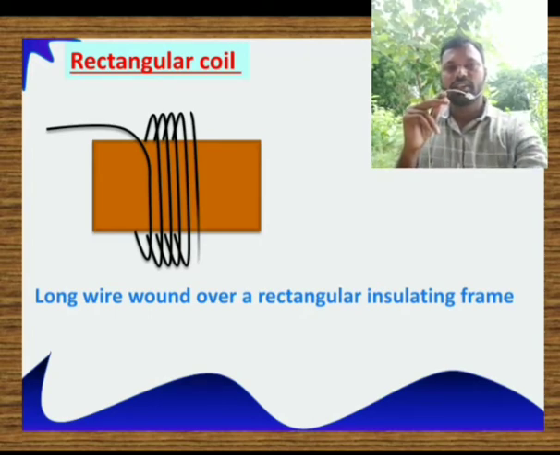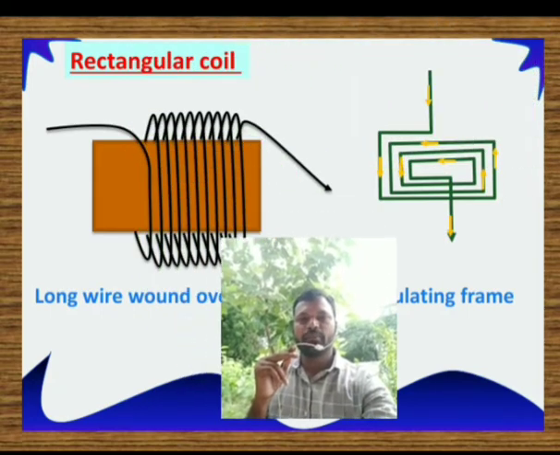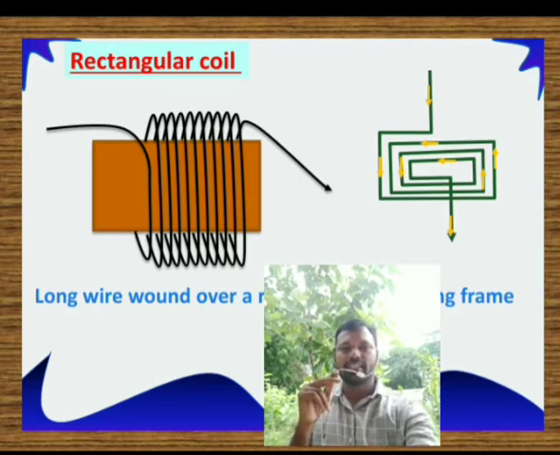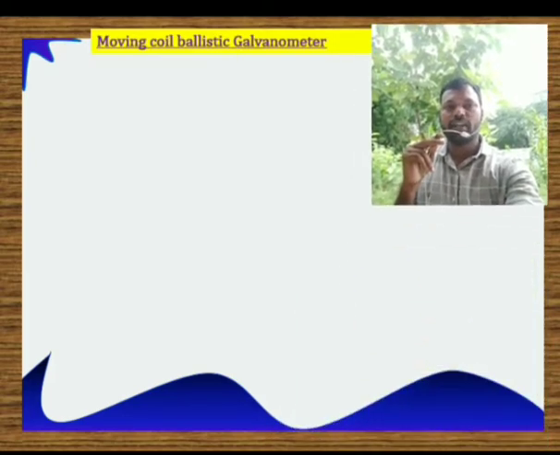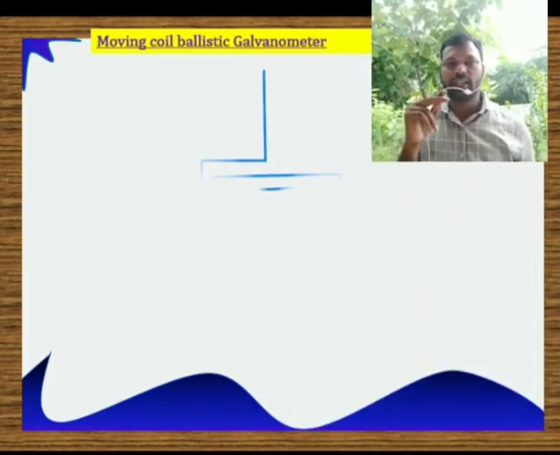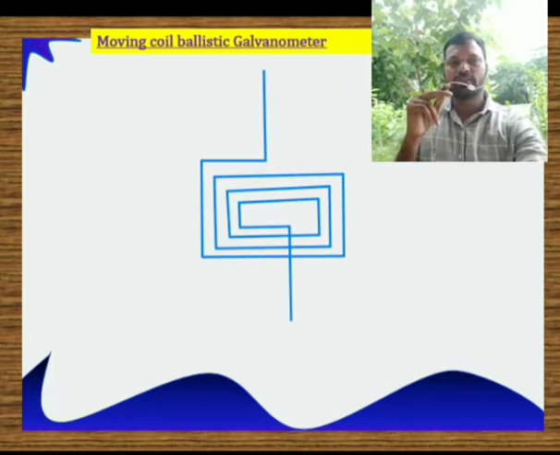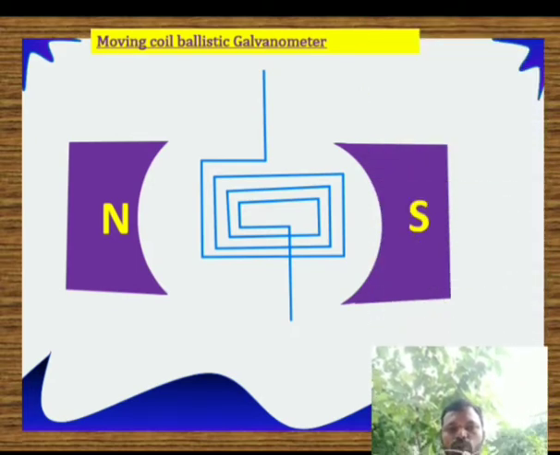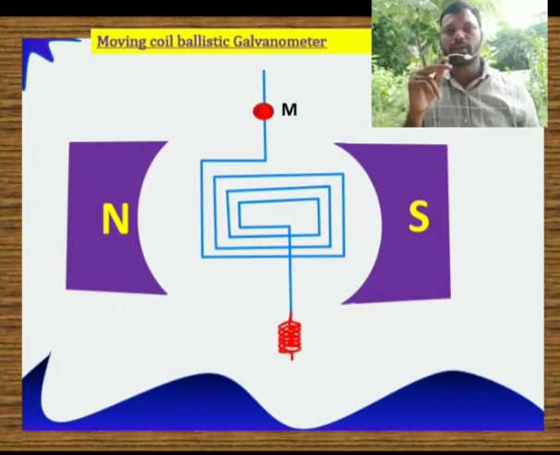Next, if I wind it on a rectangular coil frame, I will get a rectangular coil like this. Next, I take this rectangular coil and suspend it between two horseshoe magnetic poles with the help of phosphor bronze wire.